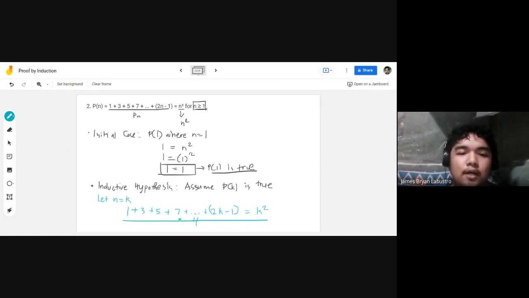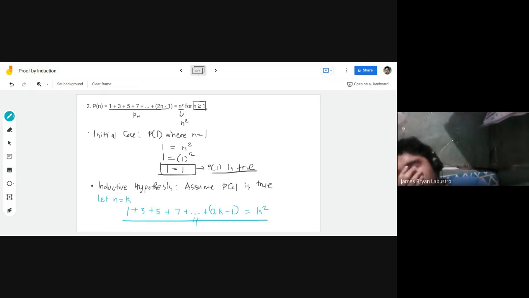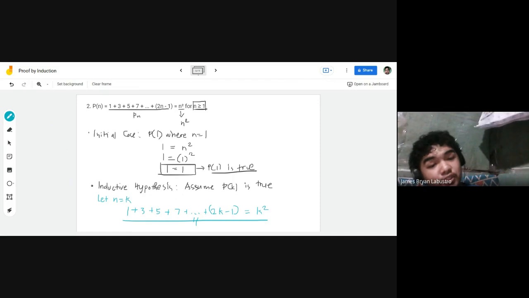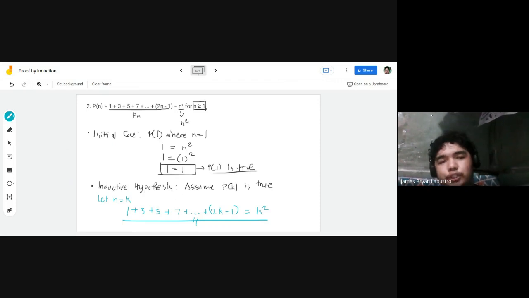So our inductive hypothesis is ganito. So, tawag ito, for all positive integers, tama ba? For all odd integers. Kasi odd integers lahat, no?